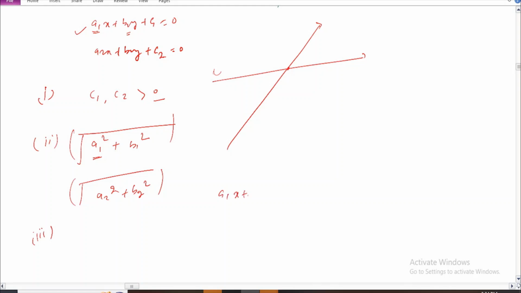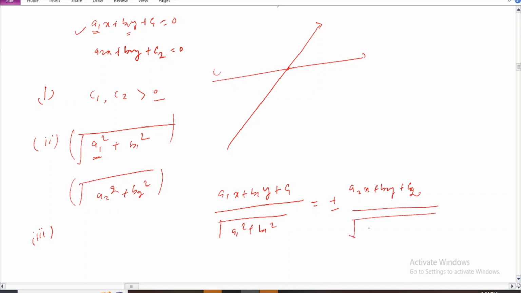Hence (a1x plus b1y plus c1) divided by the square root of (a1 squared plus b1 squared) is equal to plus or minus (a2x plus b2y plus c2) divided by the square root of (a2 squared plus b2 squared).